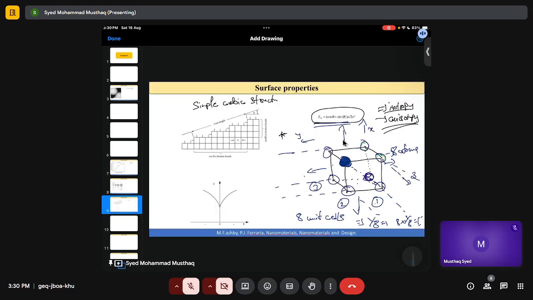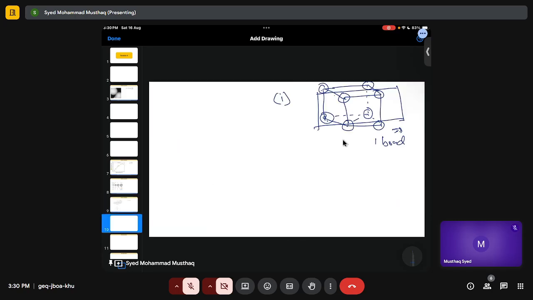Now what happens if I try to, so these are the unit cells, right? Each one is a simple cubic unit cell. Now I'm not trying to cut it perfectly in half. I'm trying to slash it along some direction. This direction makes an angle theta with the x-axis. Let's say the slash is unit length, that means 1 centimeter or 1 mm.